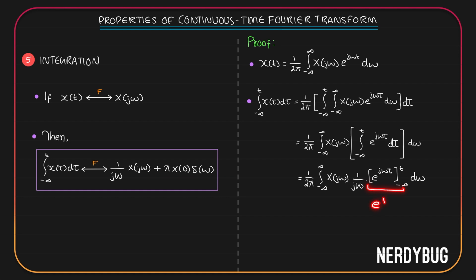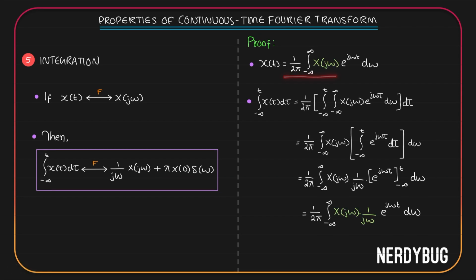So this is simply e raised to j omega t. So our equation becomes 1 by 2 pi integral from minus infinity to infinity x of j omega multiplied by 1 by j omega e raised to j omega t d omega.